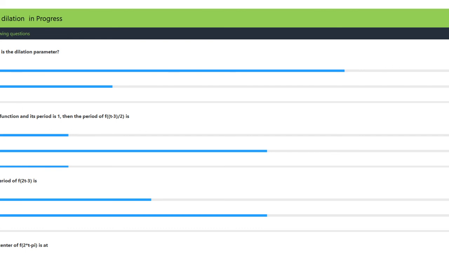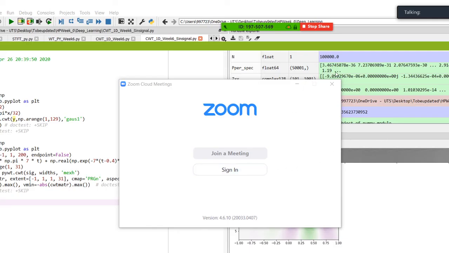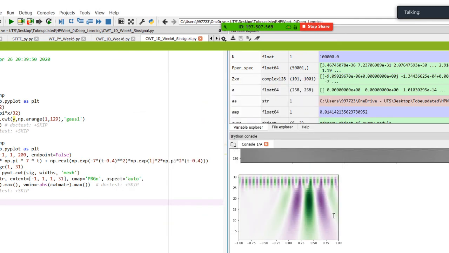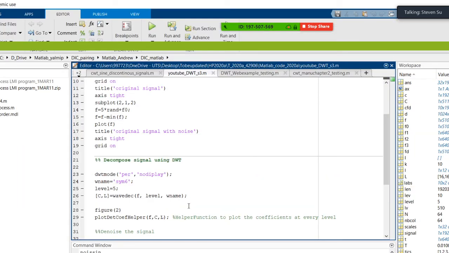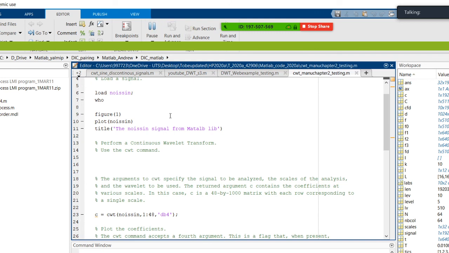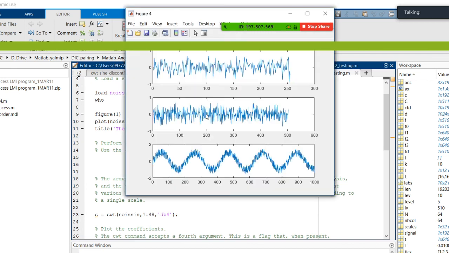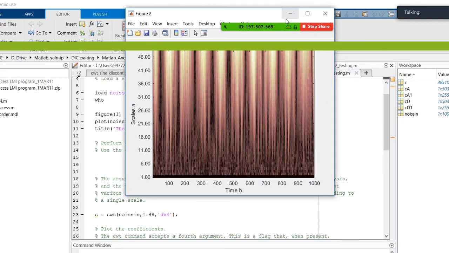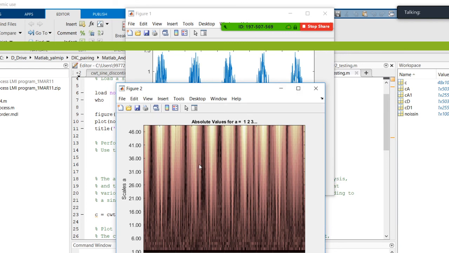So in that case, if you look at continuous wavelet, for example, here I use MATLAB. So this is continuous wavelet.